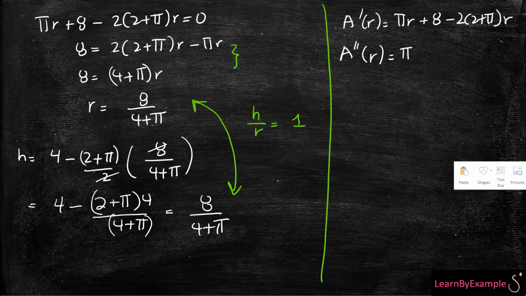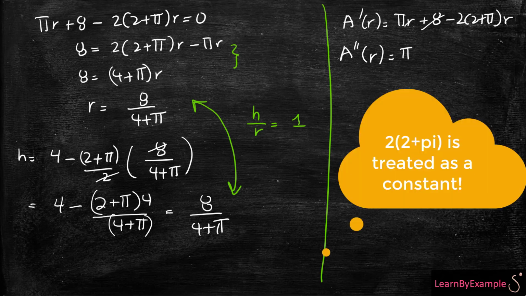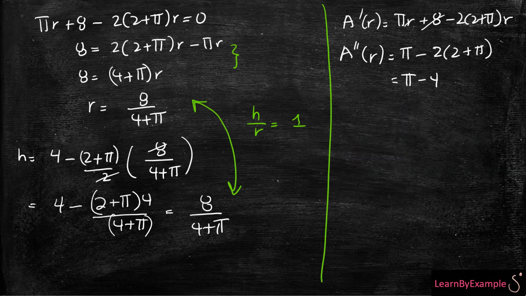So your r goes away, your 8 goes away, and then you're just left with minus 2 into (2 plus pi). And then if you expand that out, you're going to have minus 4 minus 2 pi. And then basically, it's just going to be minus pi minus 4.